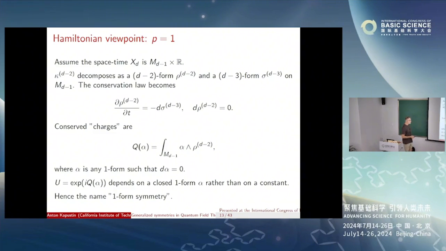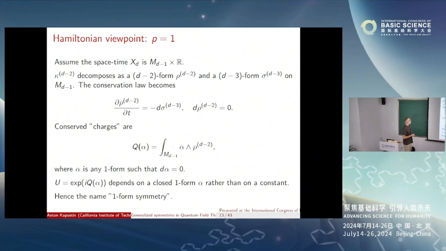It's actually helpful to look at the Hamiltonian viewpoint, and for simplicity, I'll look at the case p equals 1, the first non-trivial case. So we're assuming now that space-time has the form of some space times time, and we decompose this current d-2 form into a d-2 form on the space and a d-3 form, which really comes from the mixed components, time-like and space-like ones, of the d-2 form.